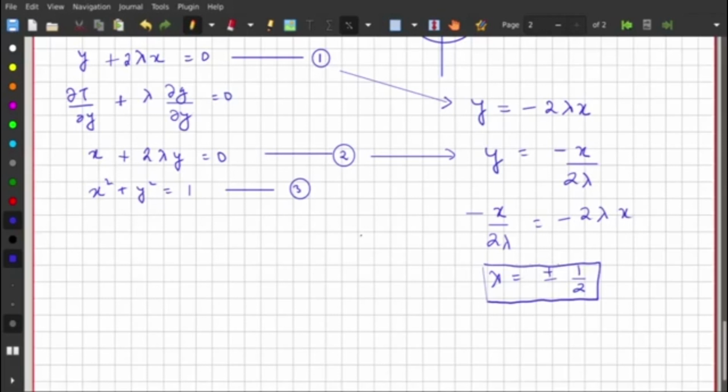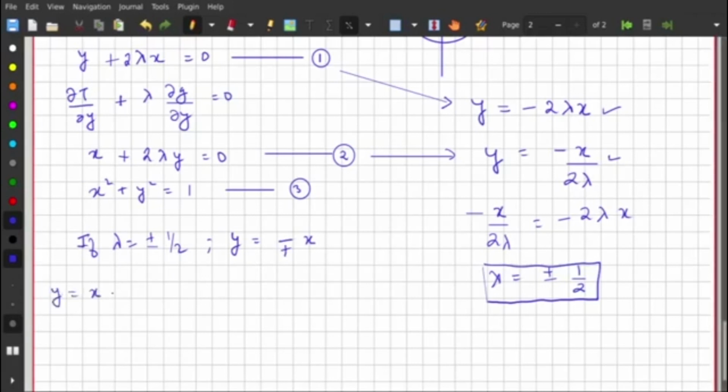Okay, so if lambda is plus or minus half and we substitute it here, if lambda is plus half we get y equals minus x, and if lambda is minus half this will become plus. So let's say we have y equals x.